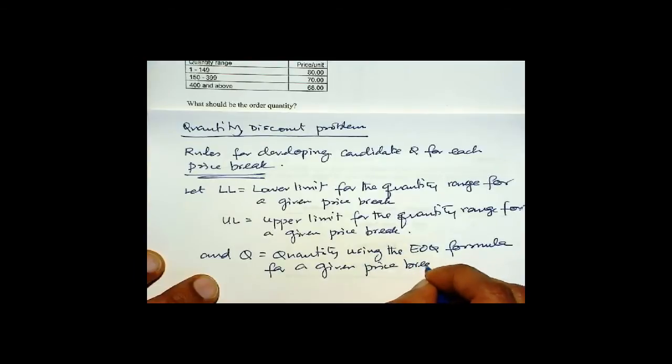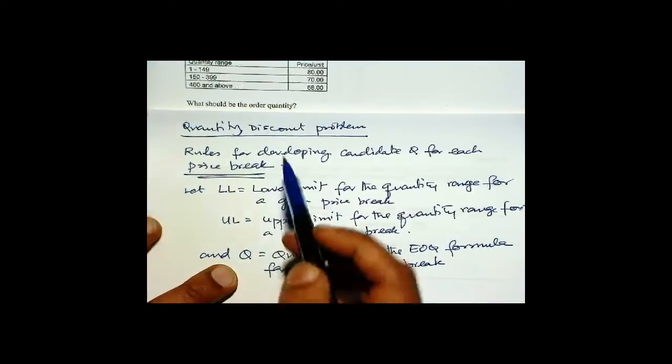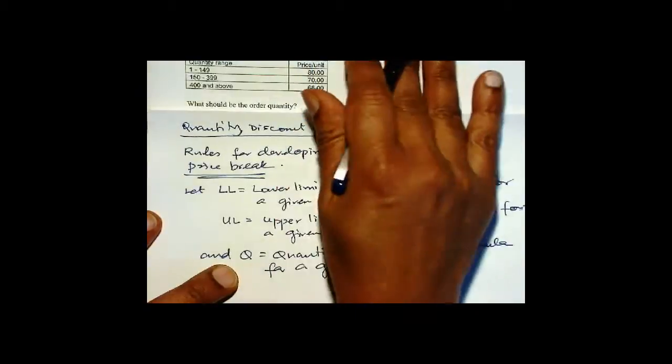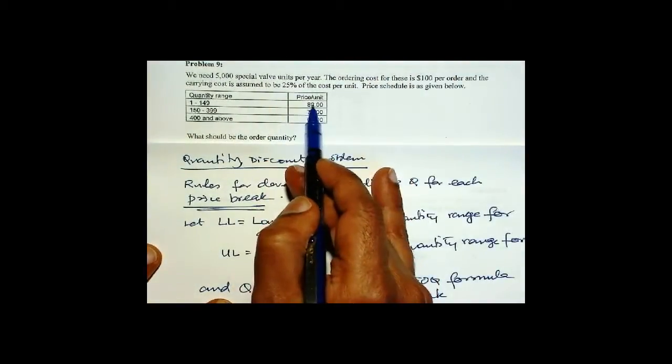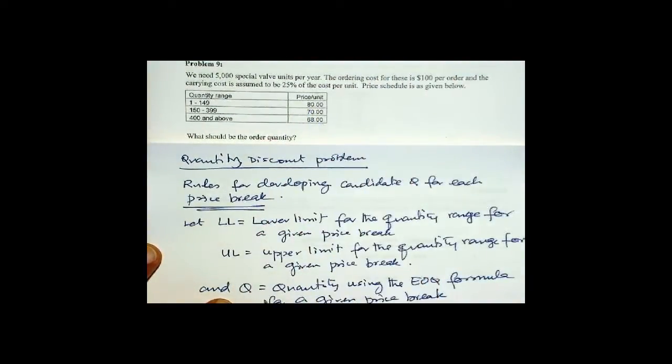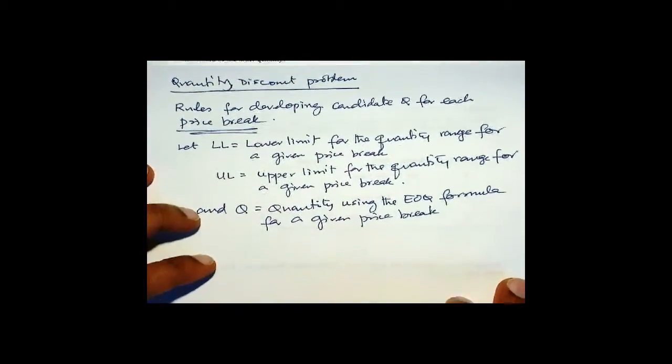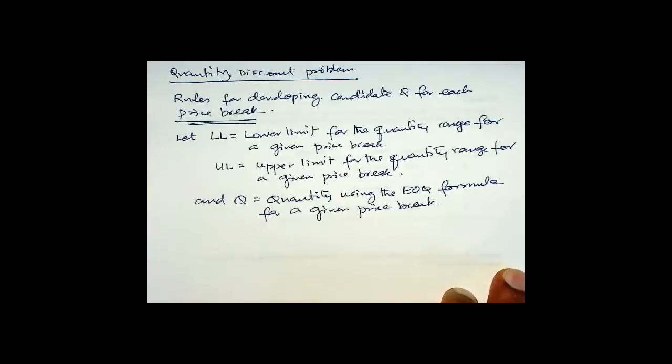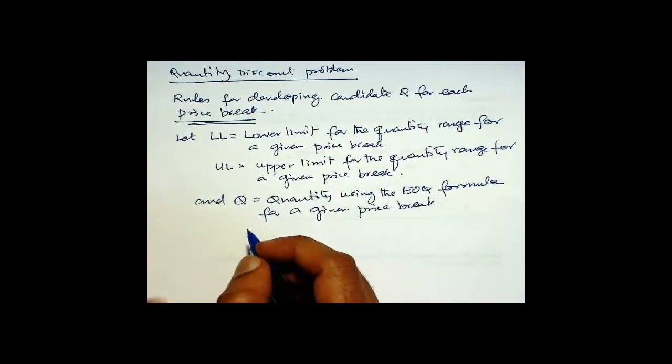This will be slightly different because your holding cost is going to be 25% of the price per unit, so your holding cost will be slightly different in each of these three cases. So when you use the EOQ formula, square root of 2 times D times S over H, the Q will be slightly different in each of those cases.